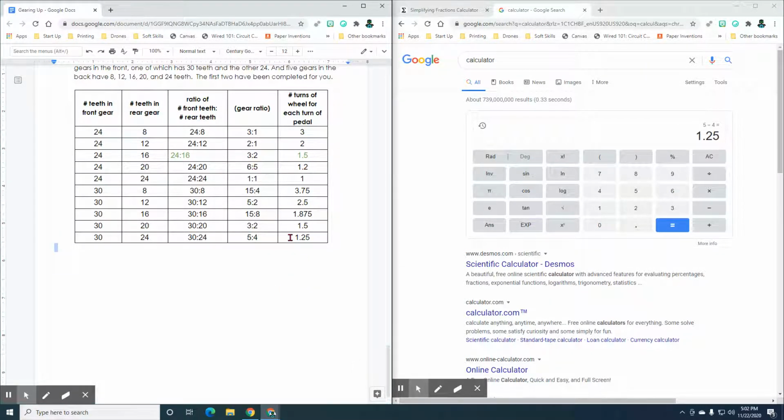Some of you did some very interesting things. Now, as we look at this, we can pay attention to this. Every time I turn the pedal, my rear wheel goes around 3 times. That means that's a lot more speed than just going around 1 time. But if I'm going uphill, I don't want it to go faster in the back.